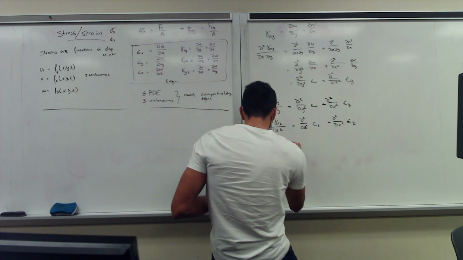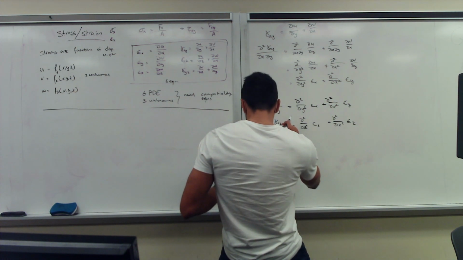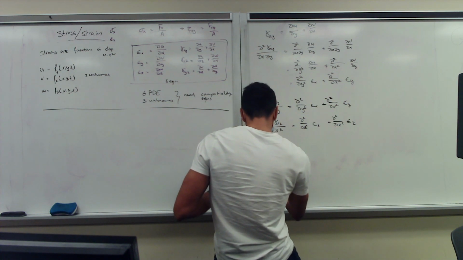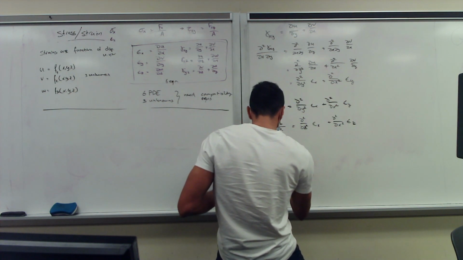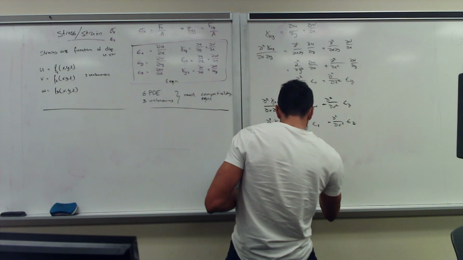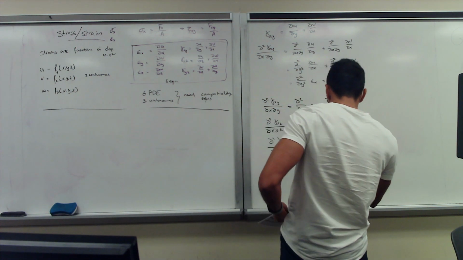Plus 1. Let me see which one am I missing? YZ. Partial Y, partial Z. Y squared Z.